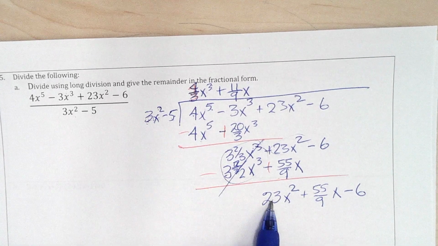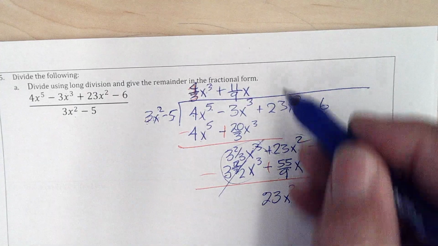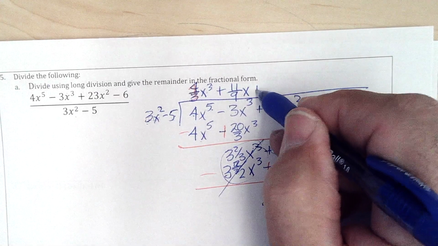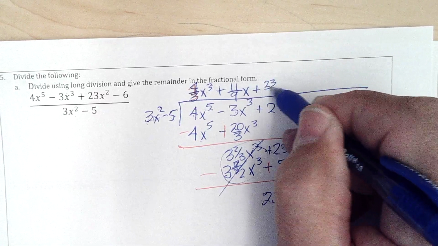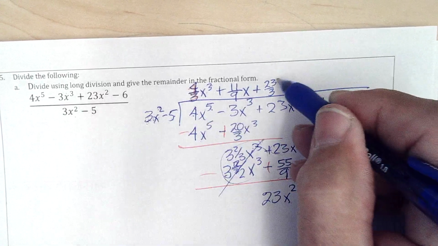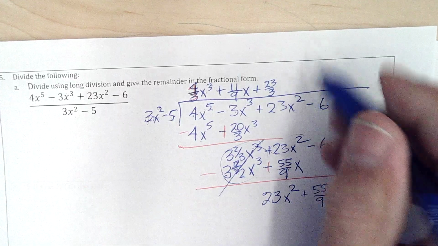x squared goes into there. Let's see, that would be 23 thirds. If I take 3 times that, the 3's cancel and I get the 23.